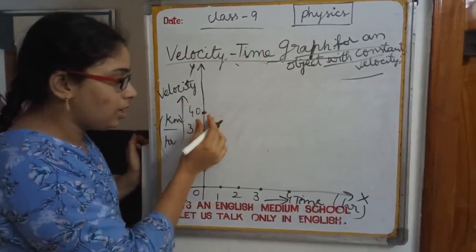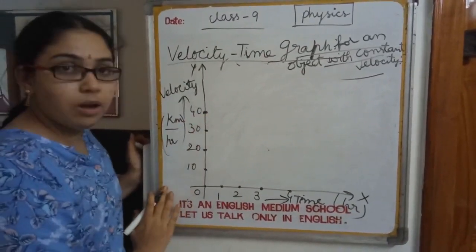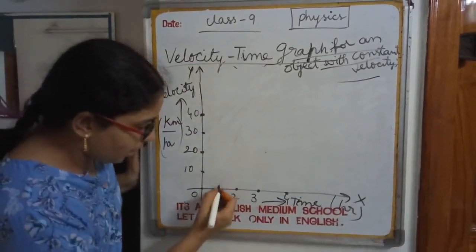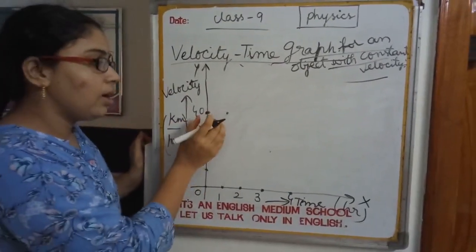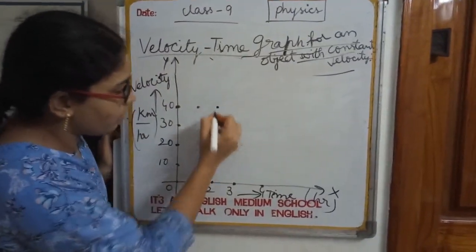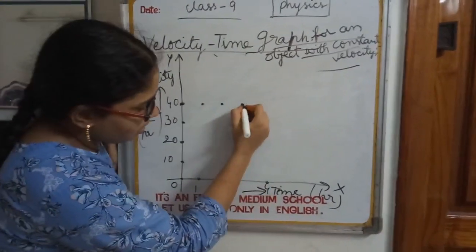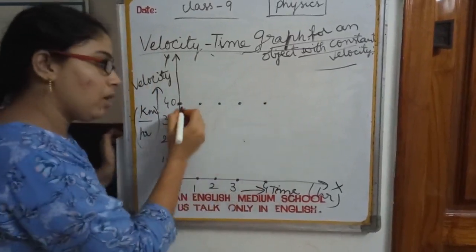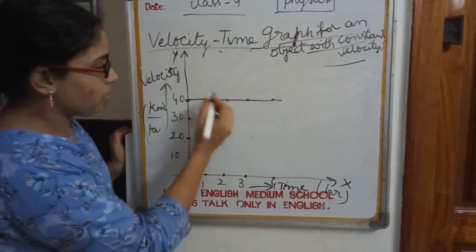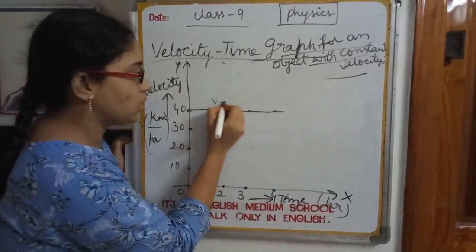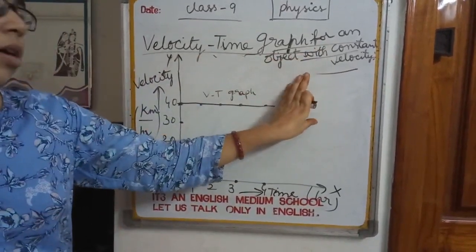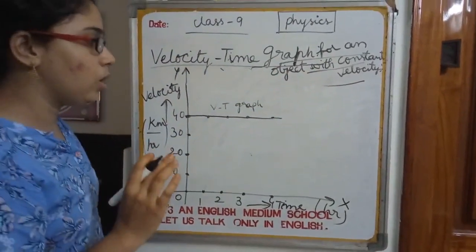Let it be 40 km per hour. At the end of the first hour I observe it has the same velocity, maintaining the same velocity. At the end of the second hour also the same velocity, third hour same, fourth hour same, and now I join these points with a smooth line, and this is the required velocity time graph for an object having constant or uniform velocity.